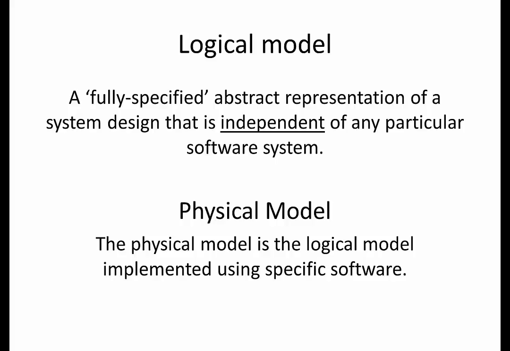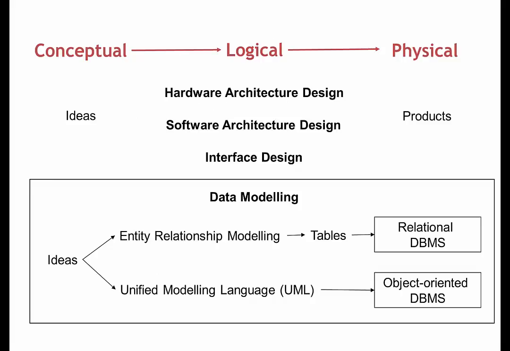We do the physical model next week, but it's useful to see what a physical model is now, because I will talk a little bit about it. The physical model is the logical model implemented in a specific software. Already mentioned that. Okay, so this diagram shows the whole process, conceptual to logical to physical. We start with ideas, we're ending with products. And in between, we have to design and build various things.